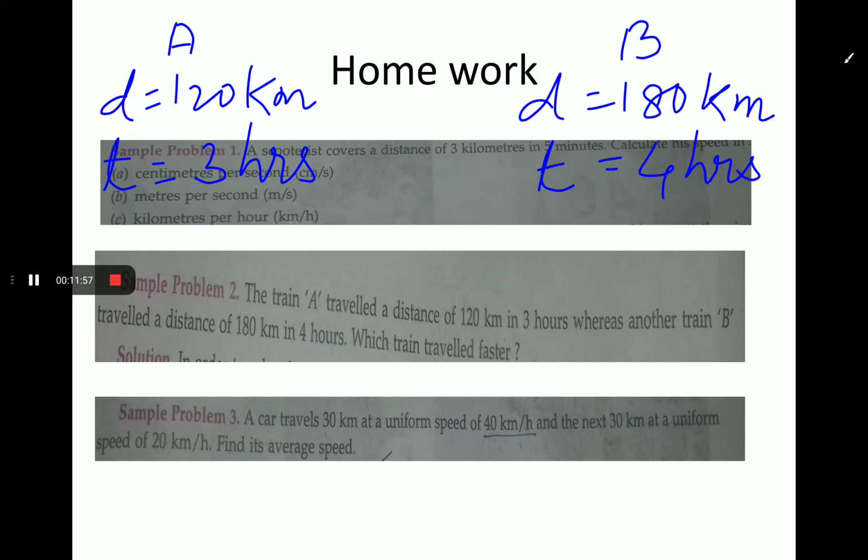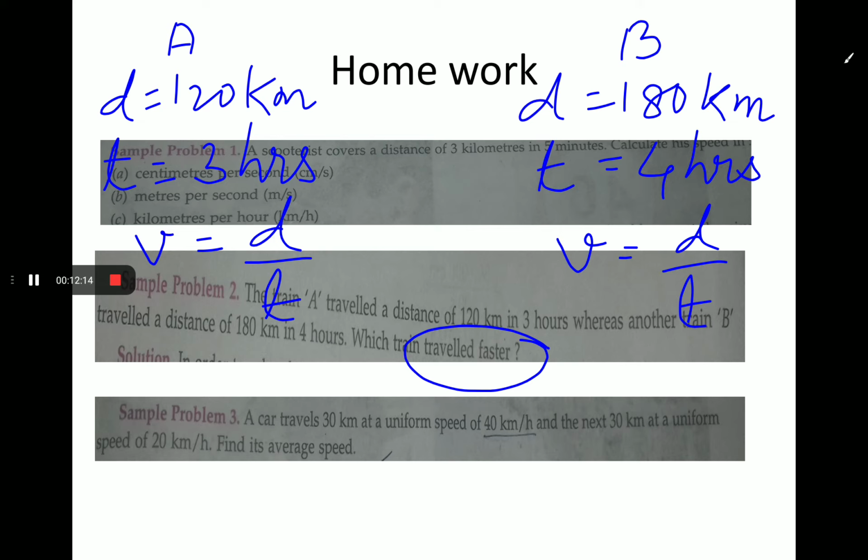So which train travels faster? This is very simple. For train A you have to find the speed, that is distance by time, and for train B you have to again find the speed, distance by time, and compare these 2 quantities. The train which has the highest speed travels faster, and the one which has the lowest speed travels slower.